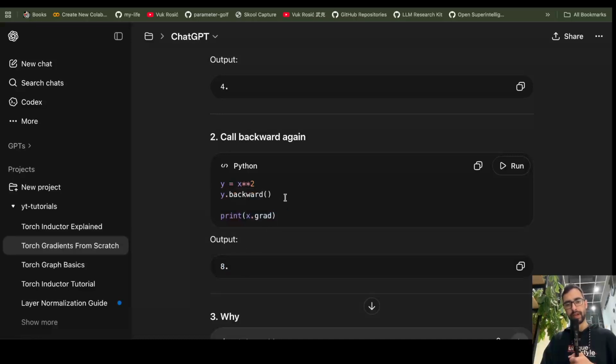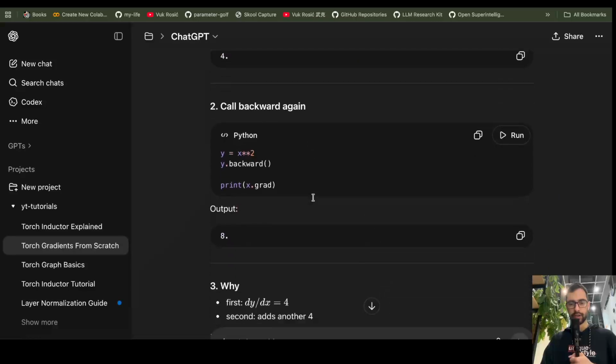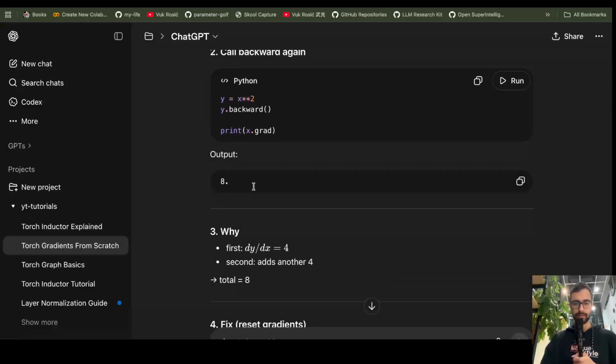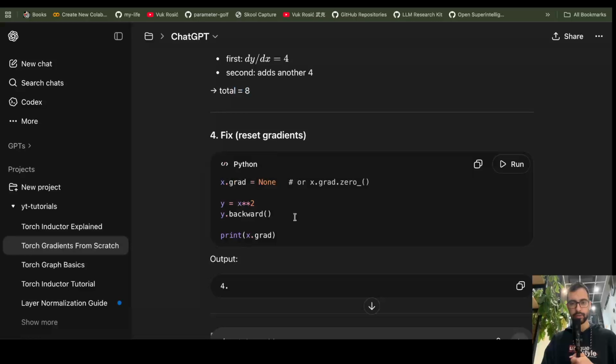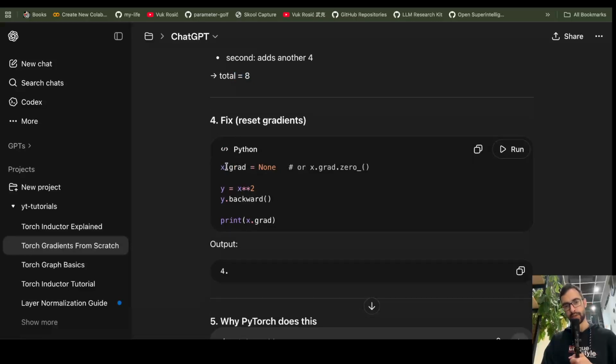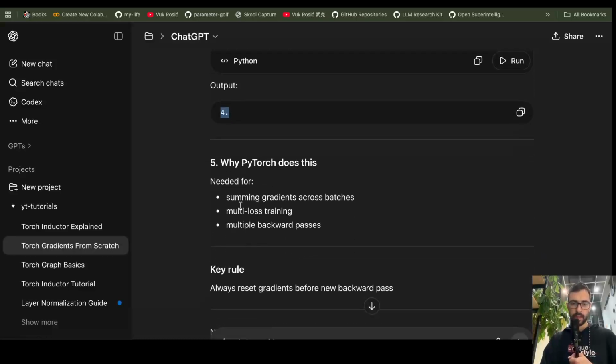You called backward again, and it just adds. That's why you want to reset gradients. x.grad equals None will reset it, and then you can call backward and it's going to show correctly. Accumulation is needed for summing gradients across batches, multi-loss training, and multiple backward passes.